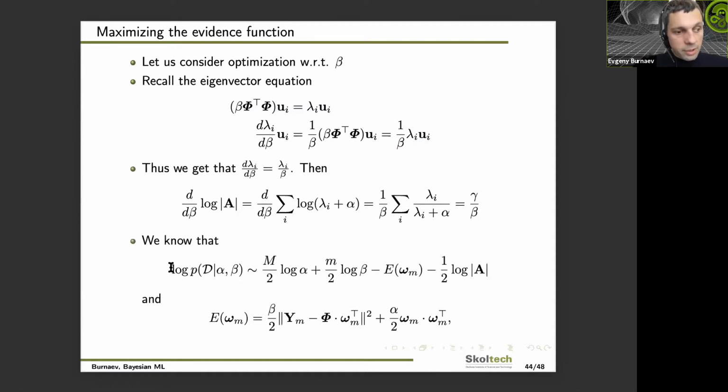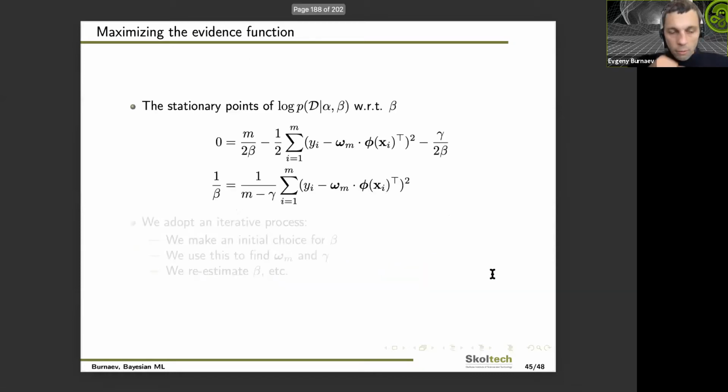So again, we know that the log evidence is calculated by this formula, and beta is here, also it is here, and it is inside this term. Then we can calculate the gradient of log evidence and get the following estimate. 1 over beta can be calculated by using this formula.